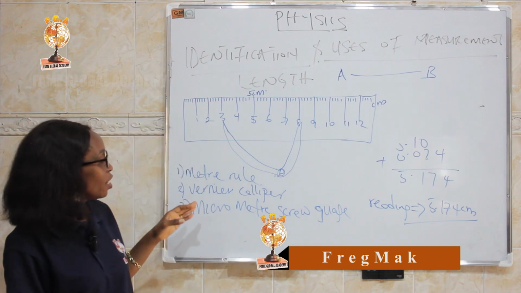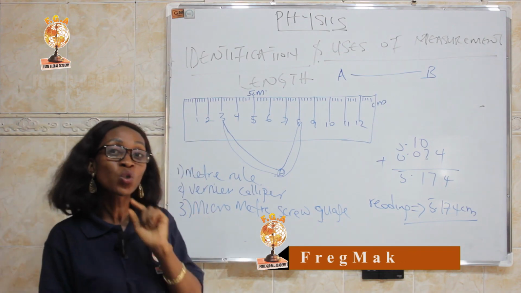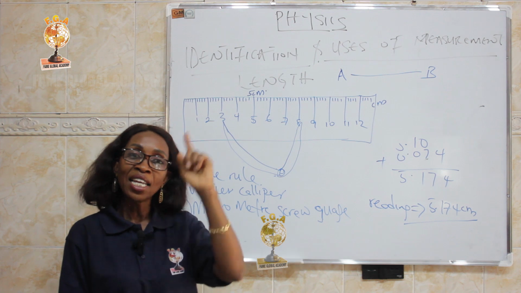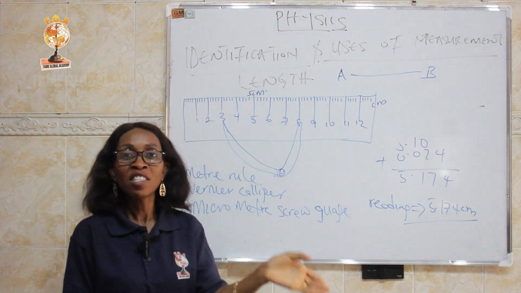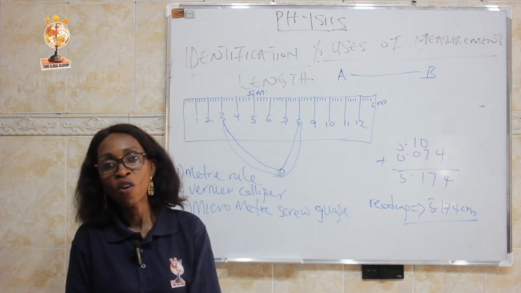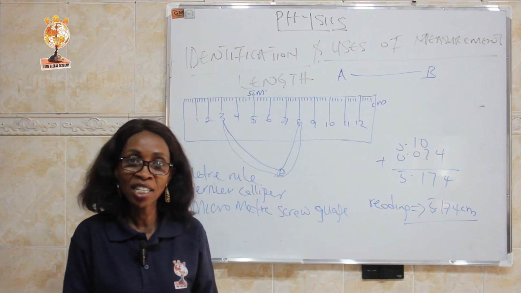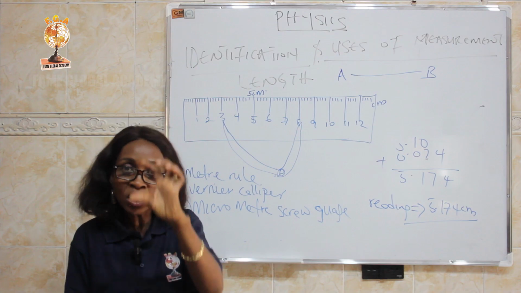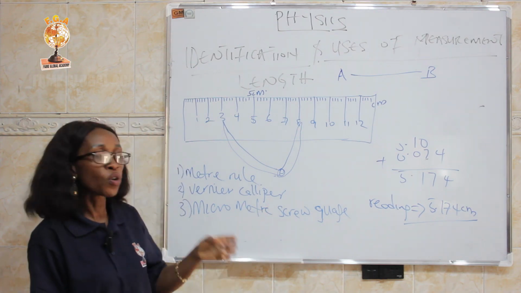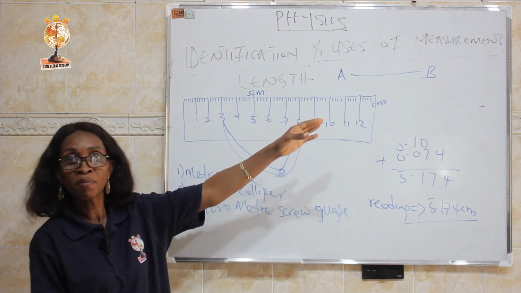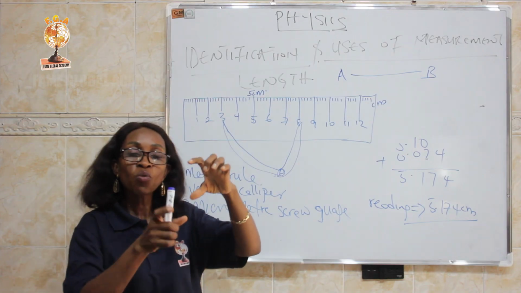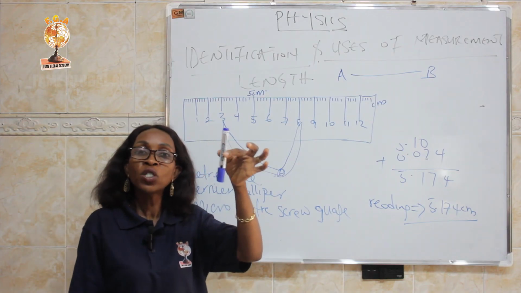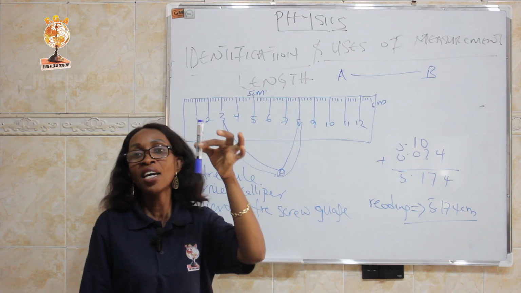Now, the micrometer screw gauge also has two scales. It has the main scale and the micrometer screw gauge scale, or we also call it the vernier scale, as the case may be. So when you place whatever you want to measure, let's take for instance that I want to measure the diameter of this marker.